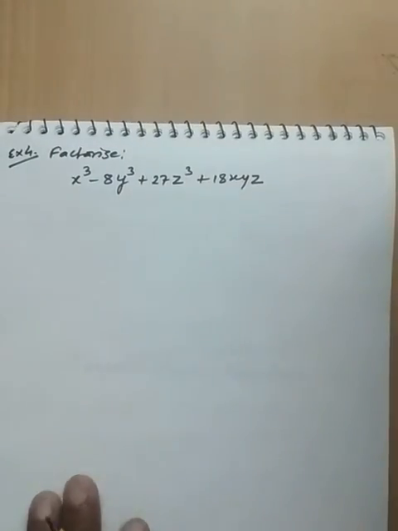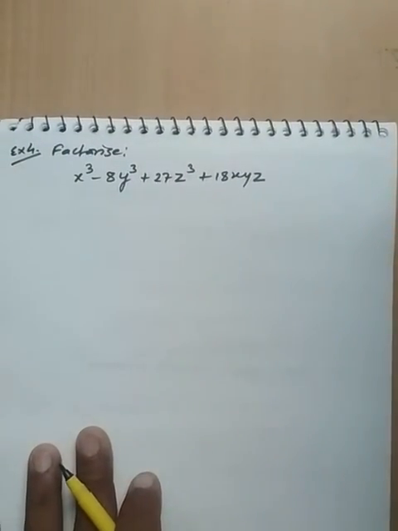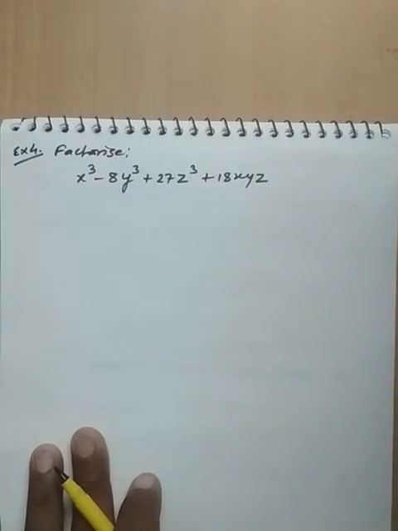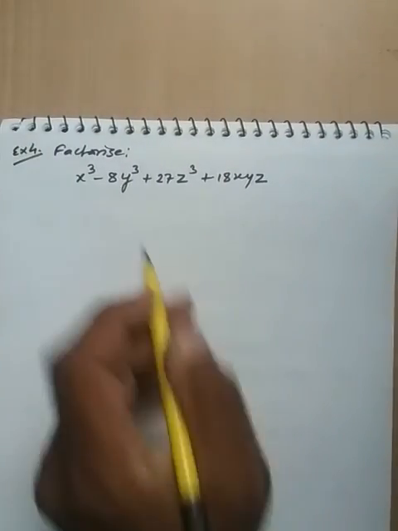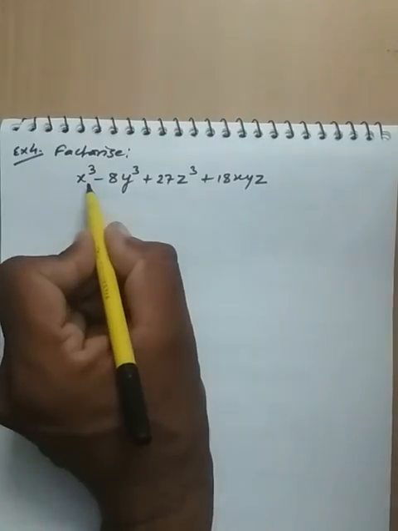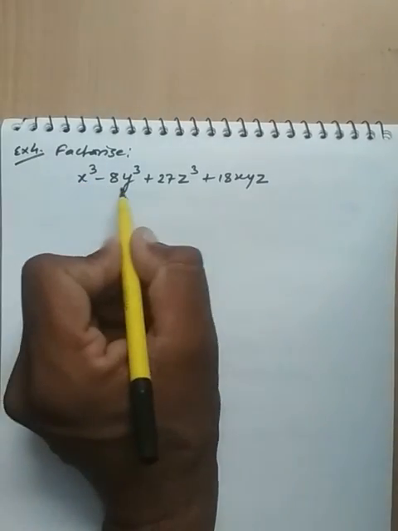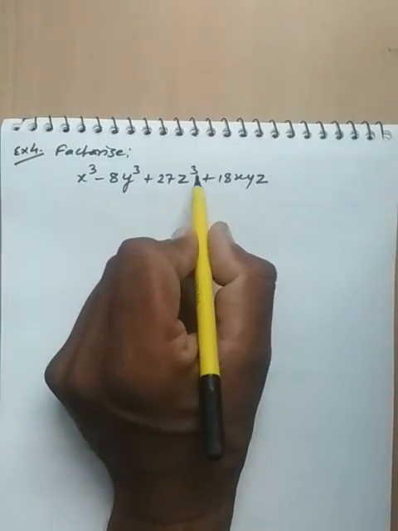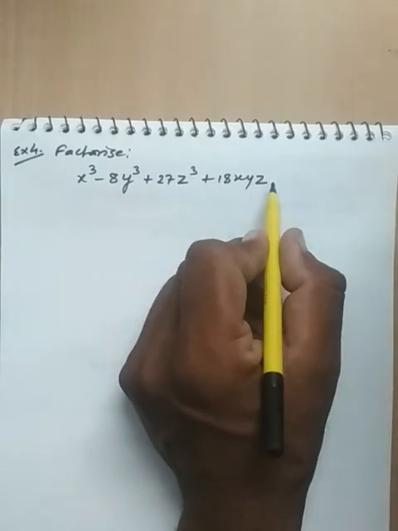Our next question. Today we are taking all the factorization questions based on the different identities. Our next question is x cube minus 8y cube plus 27z cube plus 18xyz.